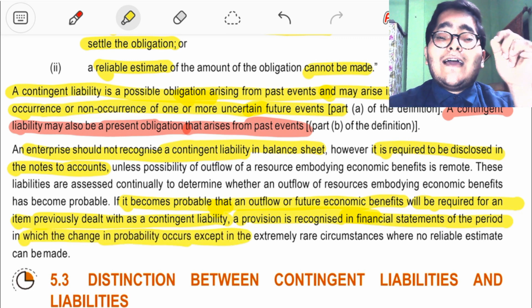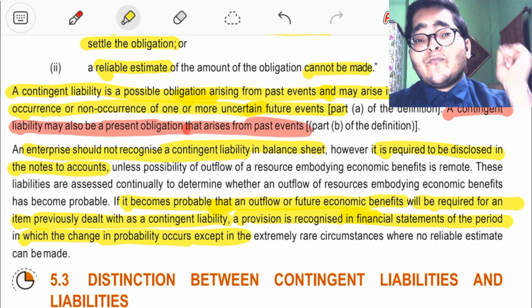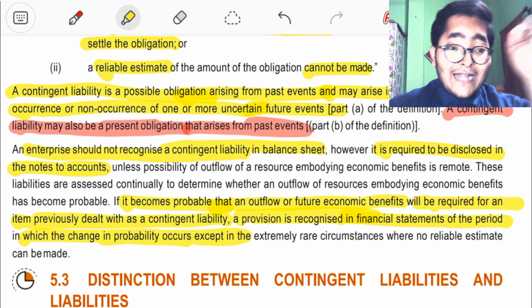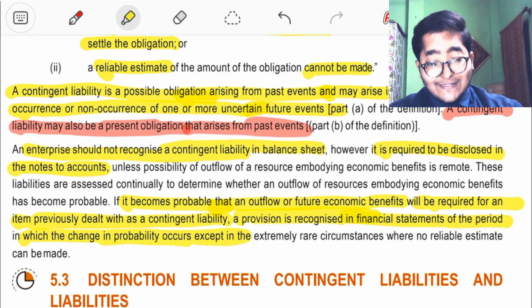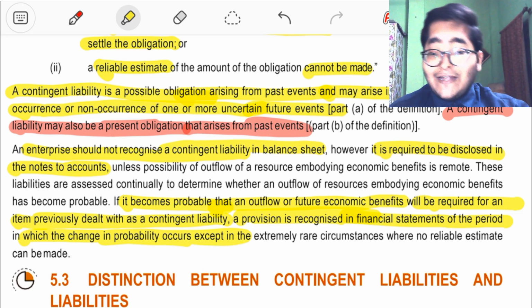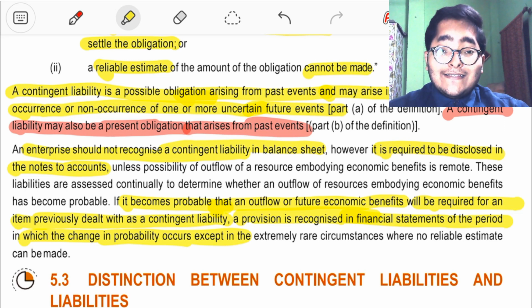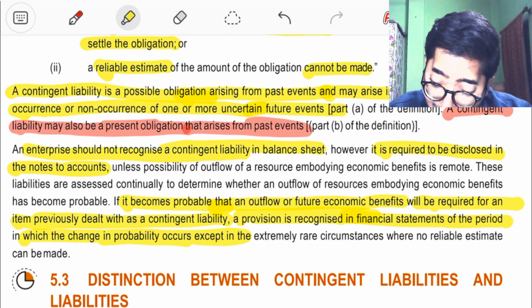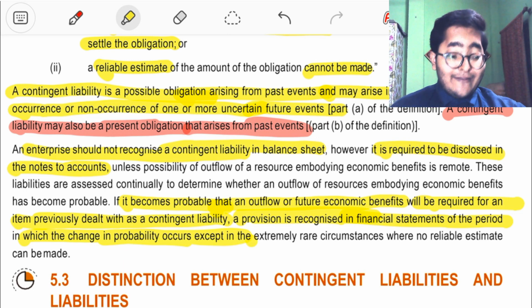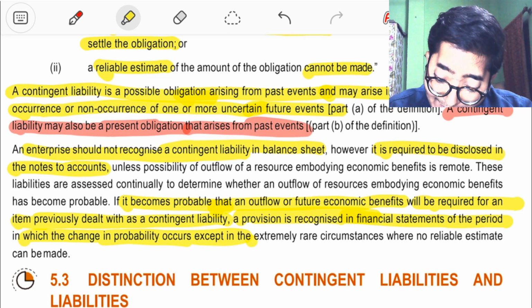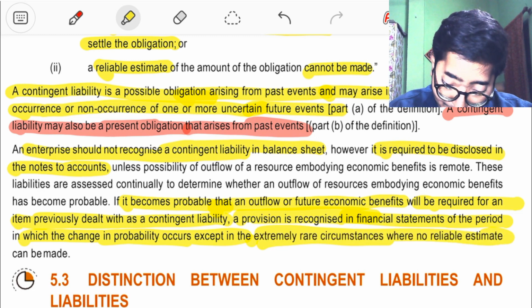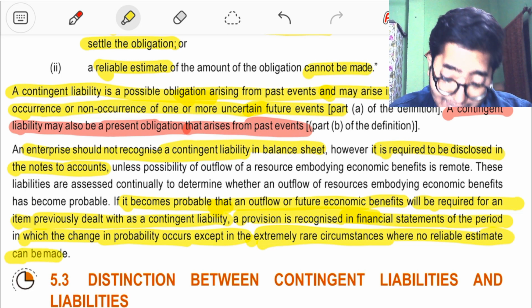In that year itself, a provision is recognized unless the estimate cannot be made. If the estimate can be made of the liability, then surely a provision is created.